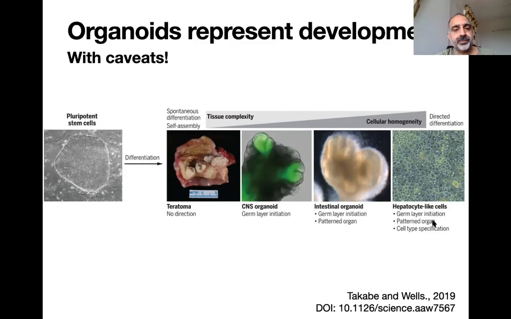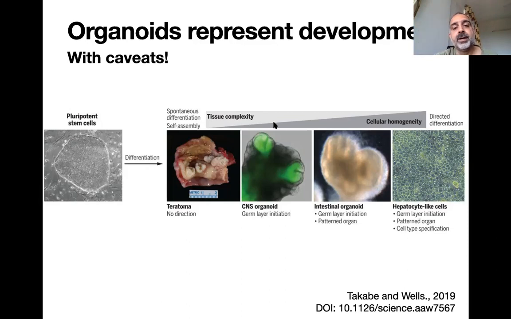And so the point of this slide is that by allowing stem cells to differentiate, you can't really predict the outcome. But once you start adding some of the signaling factors that have been characterized by regular developmental studies, you can start steering differentiation to structures that are important for you.